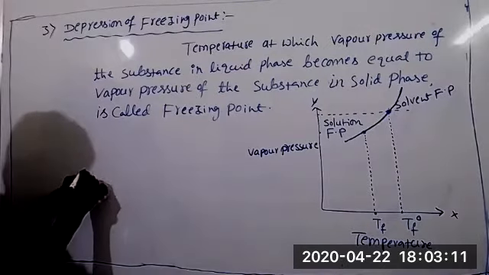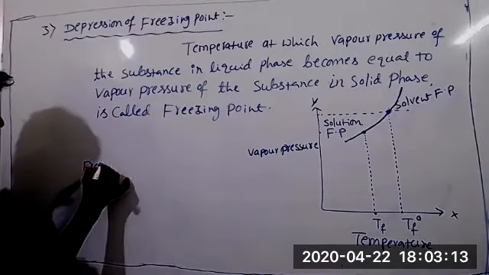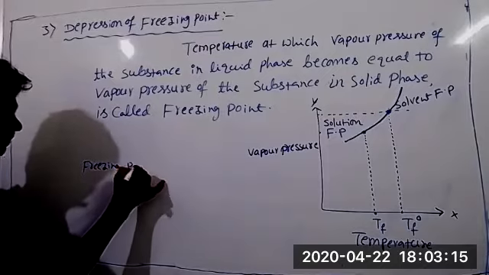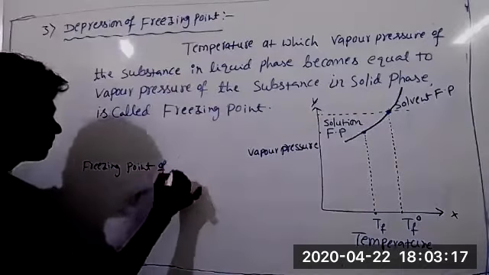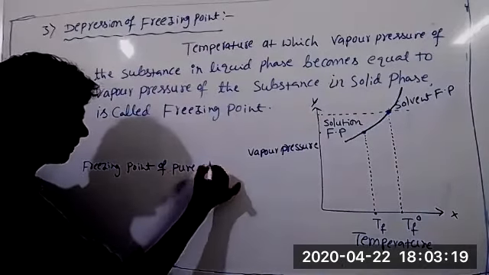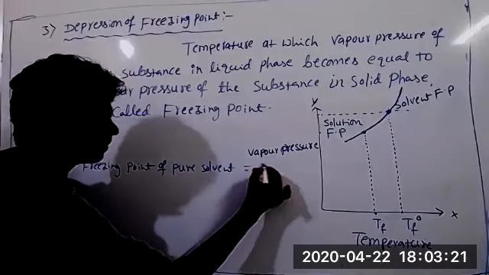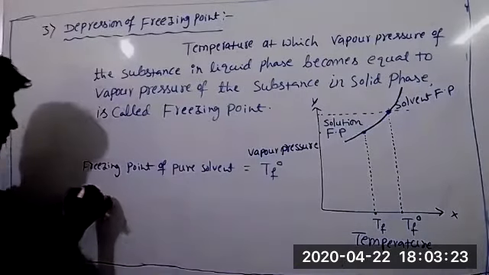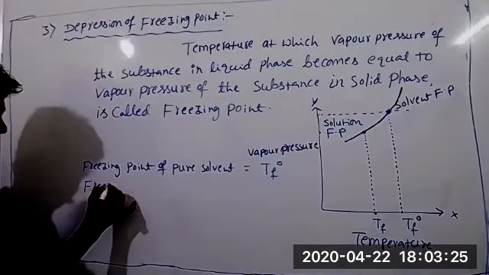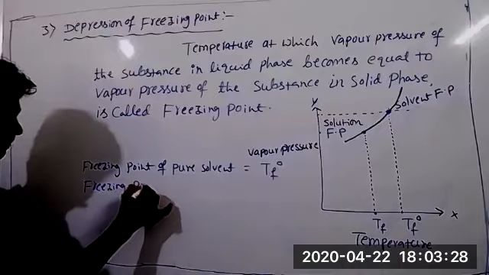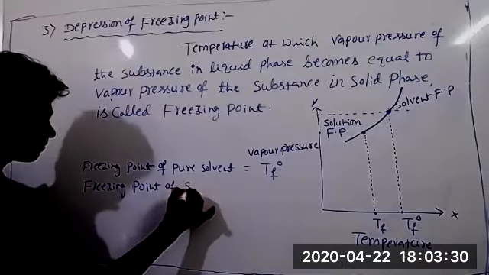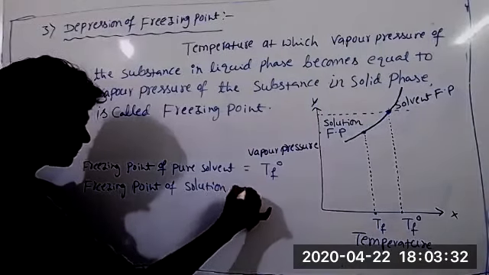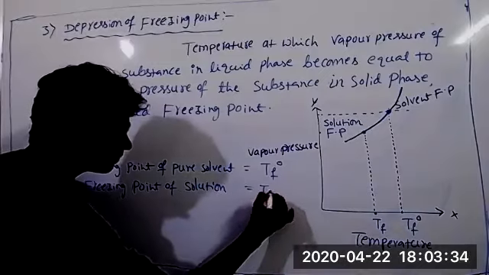Now, the freezing point of pure solvent is equal to TF0. The freezing point of solution is equal to TF.